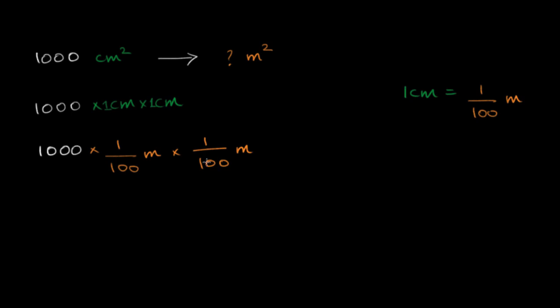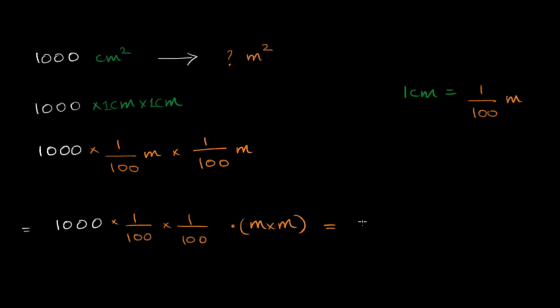So I have 1 by 100 into 1 by 100. So let's see what that gives me. I'm going to collect all the numbers together and the units together. So I'll have 1000 divided by 100, divided by one more 100, finally multiplied by meter into meter. Now I don't care what this number is. I'm happy because now I have my units exactly what I want, meter into meter.